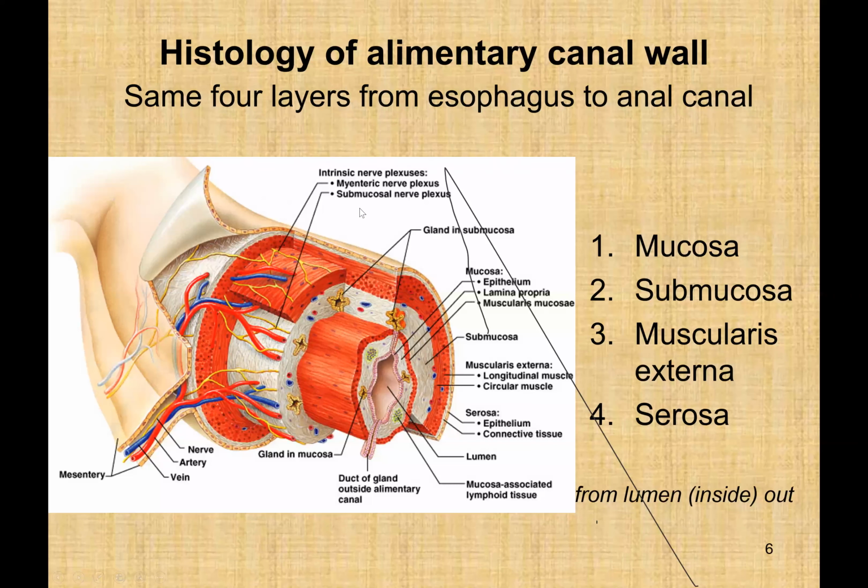So all these things are the enteric innervations of the body. And then outside this, we have the connective tissue layer, which is known as the adventitia or serosa, depending on where it is found. If it is within the body cavity, it is known as serosa. But when it is attached to the body wall, then we call that adventitia.